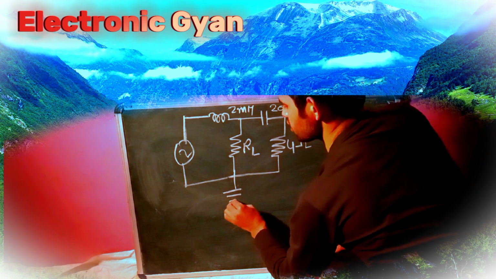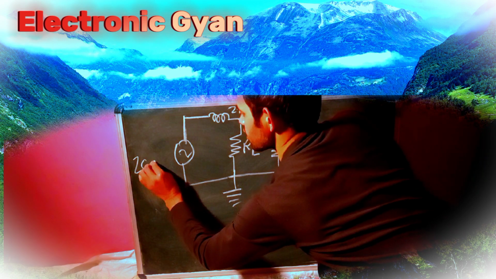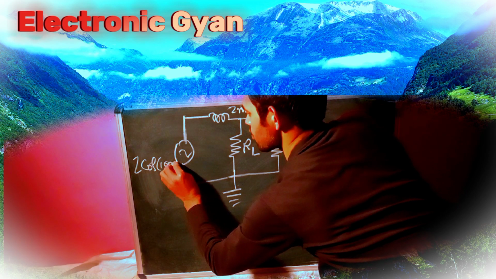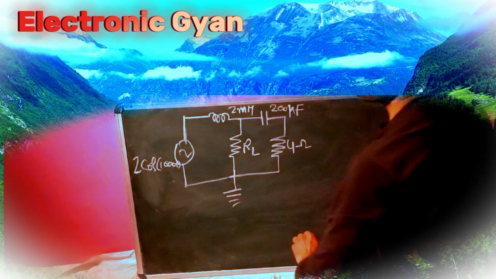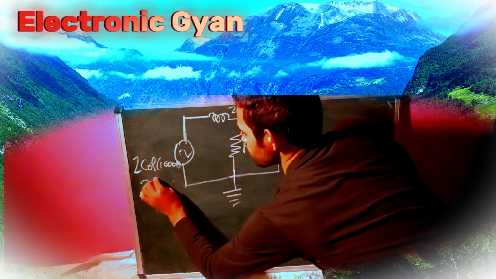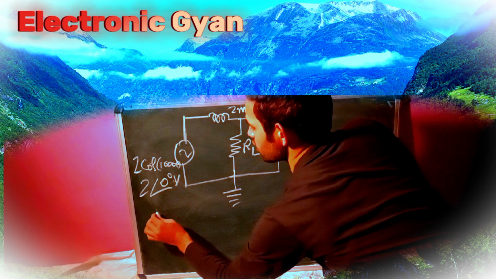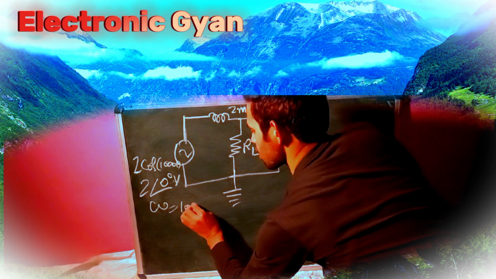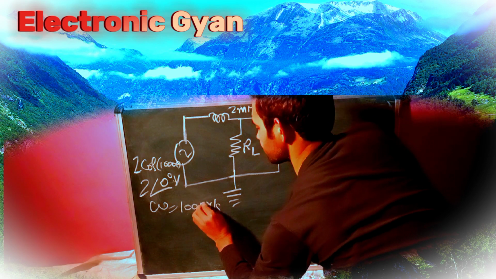Okay, so this is ground, and this was my 2 cos 1000 t volt. Yes, 2 cos 1000 t volt. So this was 2 angle 0 degree volt with frequency of 1000 radian per second.